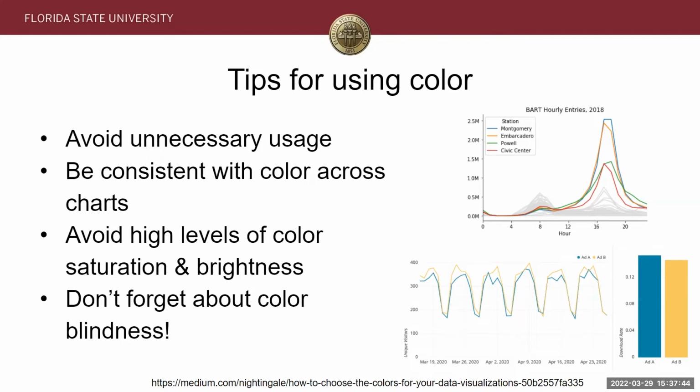So we say that color is great, but it's not necessarily required for every single type of chart, right? Not every chart will need multiple colors. If there's only 2 variables that you're looking at, like a bar chart with 2 different variables, you don't necessarily need color.